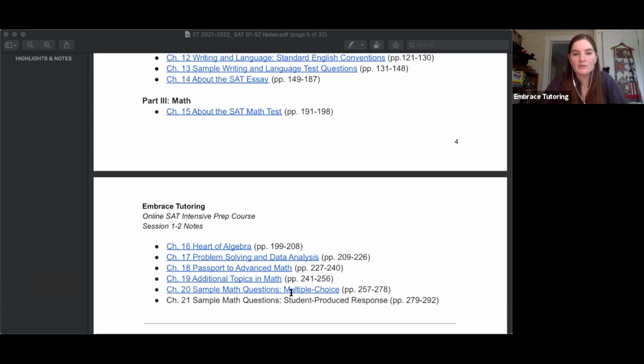This is really looking at the overarching concepts that are going to be covered in the math section, in addition to the algebraic expressions and equation types of questions that you're going to see in the two math sections.